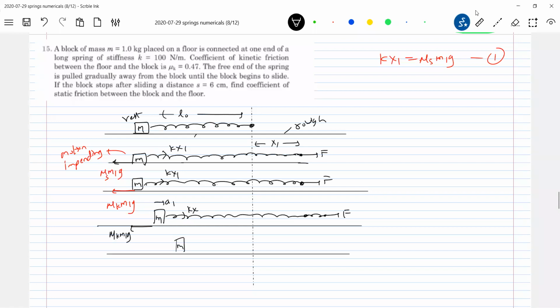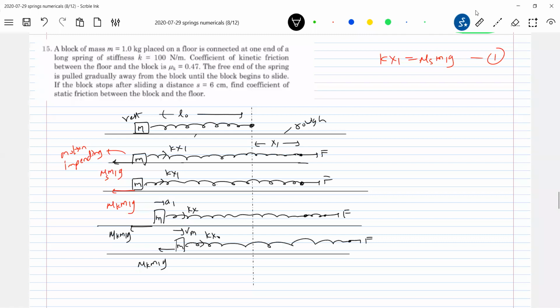Let me write here: the spring force will balance. Without a diagram you can't understand, that's why I'm going for this. So kx naught equals mu k m1 g. Here it will have maximum velocity. This is like a mean position. The force will continuously be acting.